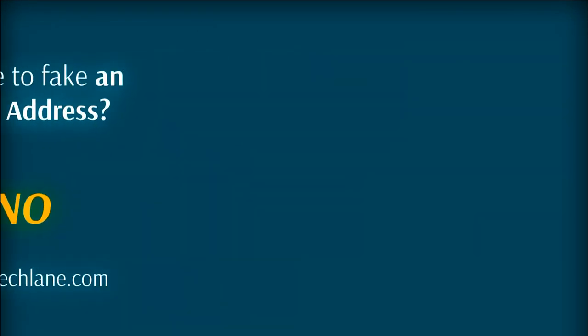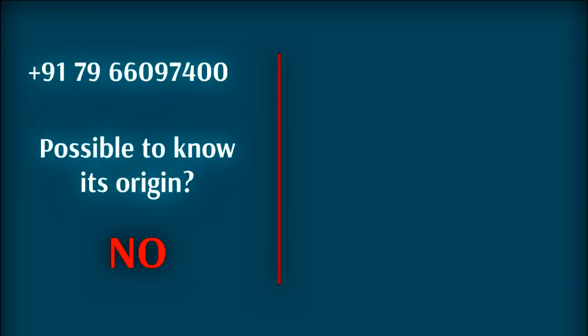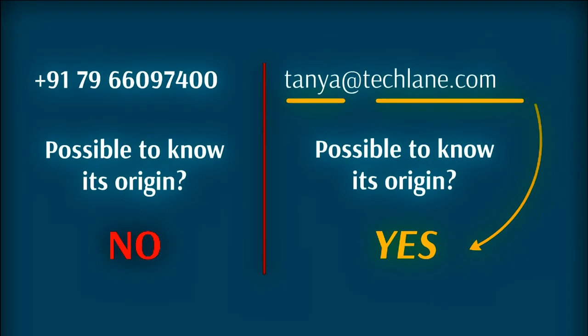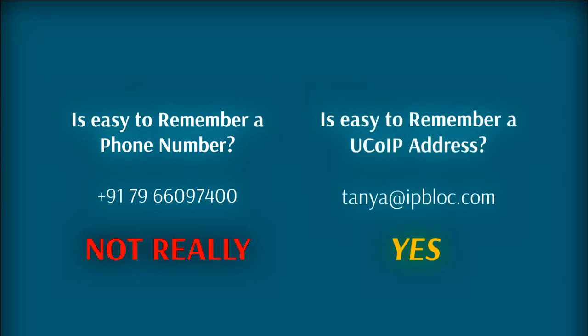When calling a number, it's impossible to know its origin, unless you have associated it to a name before. With the UCOIP address, you always know the organization, and possibly the name of the person. It's difficult to memorize a number, but it's easier to remember a UCOIP address.